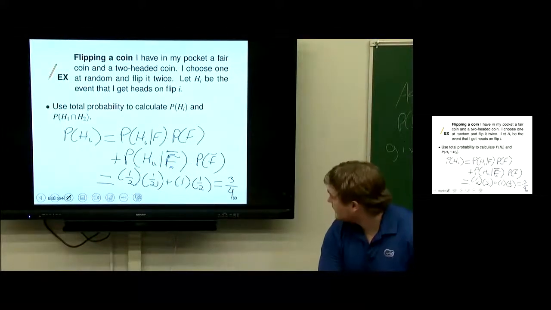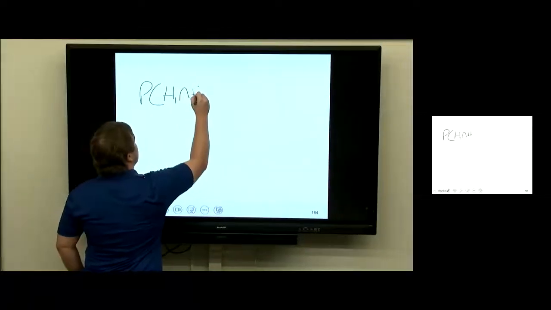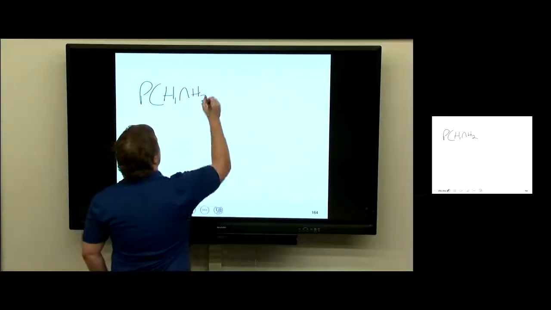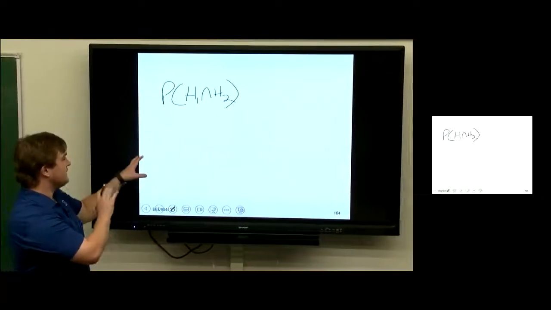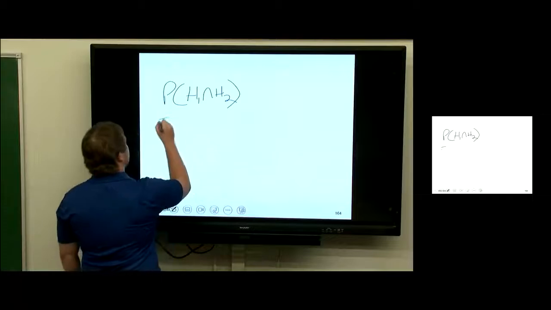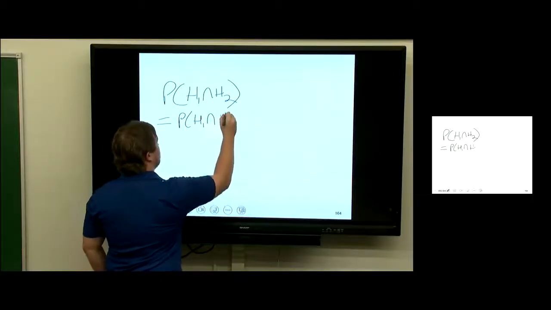And do I have a blank slide? Yes. So now we're going to solve the probability of H1 intersect H2 using total probability. So we saw how to solve this earlier using a different approach, but now we're going to use total probability using the same partition.